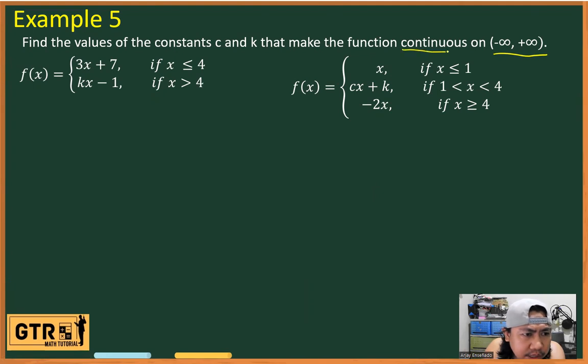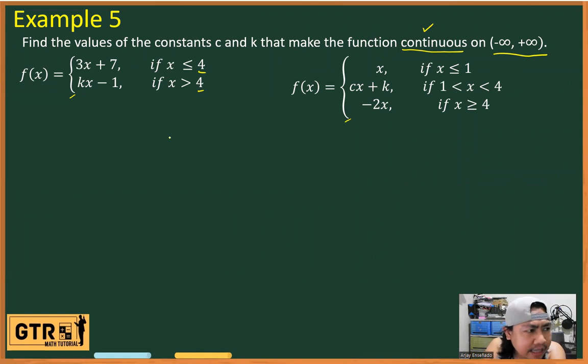When we say continuous from negative infinity to positive infinity, the graph should be continuous from negative infinity to positive infinity, there should be no break. So for a piecewise function to be continuous, the values should be the same here. It is split in two, and the split is at 4: x is less than or equal to 4 and x is greater than 4. Their values should be the same so that when we graph them there is no break, it is continuous.